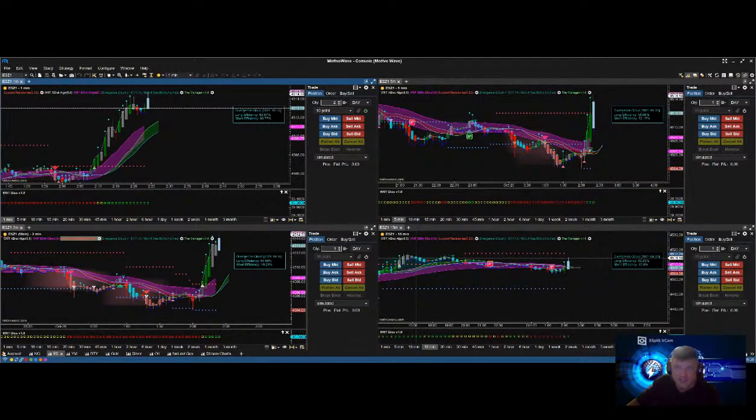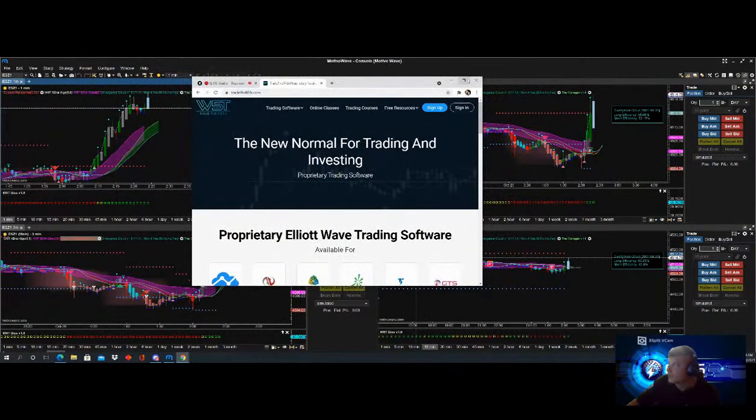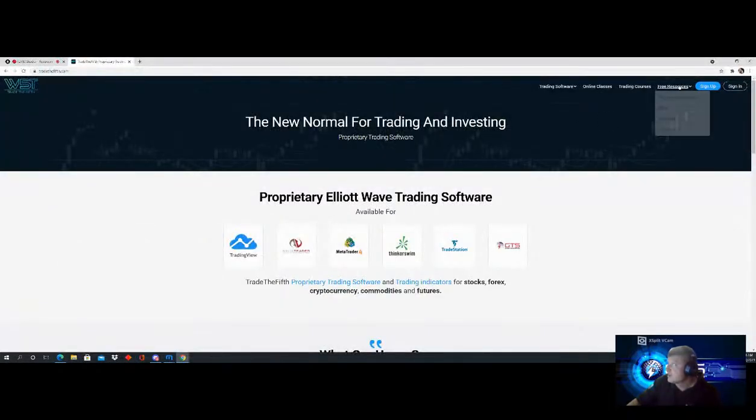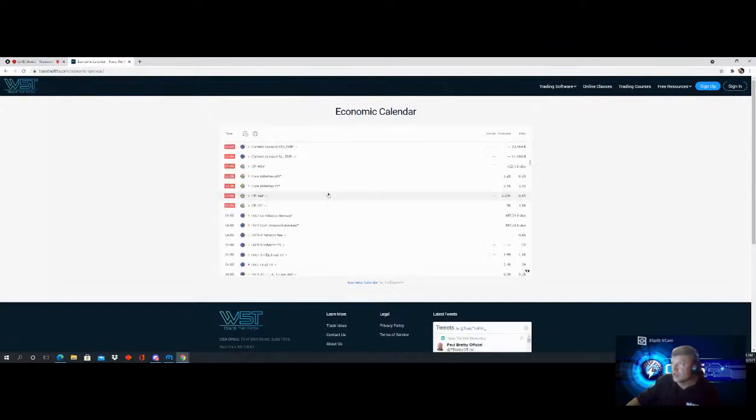tradethefifth.com. And then up at the top, there's this free resources tab right here, economic calendar. Click on that right there, and it will bring up the economic calendar, all the data that's coming out worldwide, really.